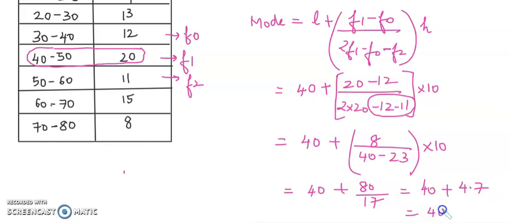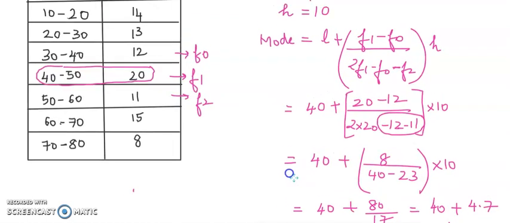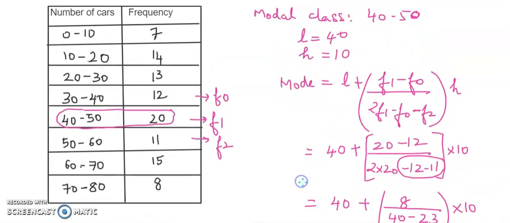So the answer is 44.7. Clear? So what are we doing? We select the highest frequency of the given table, and that gives us the modal class, and accordingly we find F0 and F2.